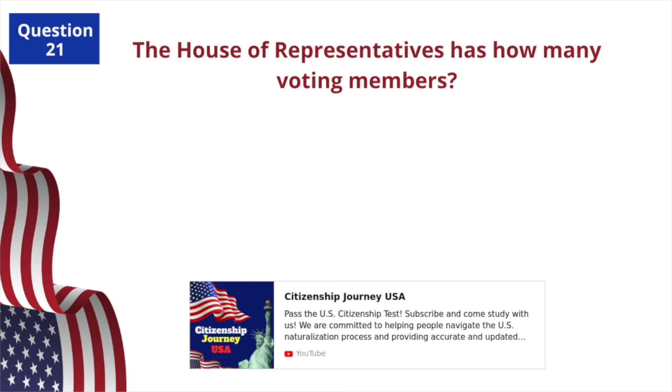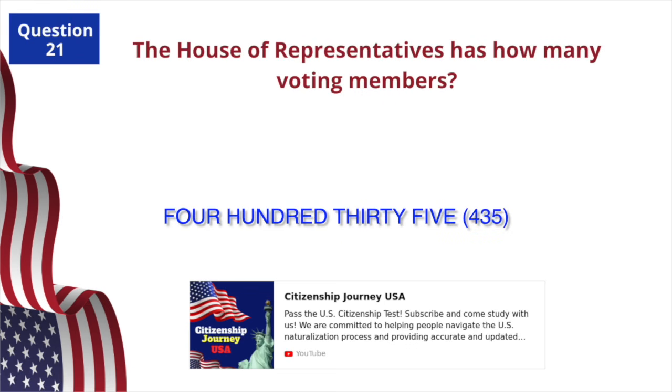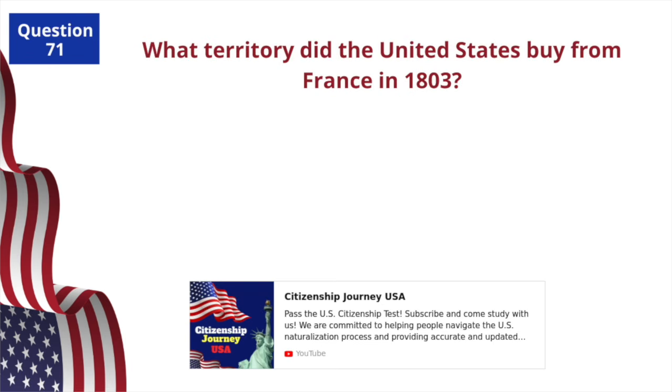The House of Representatives has how many voting members? 435. What territory did the United States buy from France in 1803?